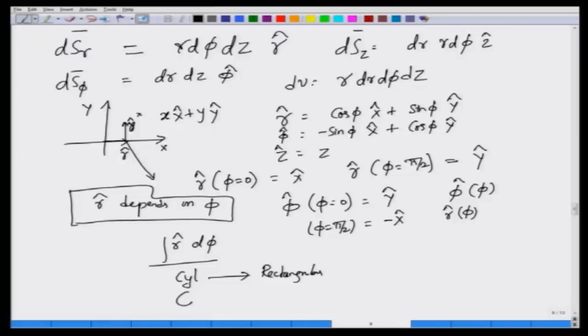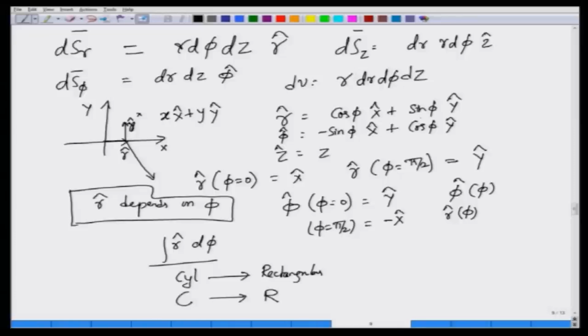Call this C, call this R. You need to convert from cylindrical to rectangular coordinate systems, and we will look at such conversions for a minute now. In order to find these conversion methods, we are going to use the concept of dot product that we have introduced. So go back to this equation, r hat is equal to cos phi x hat plus sin phi y hat.